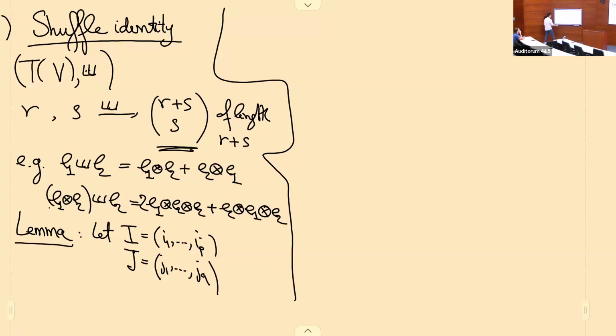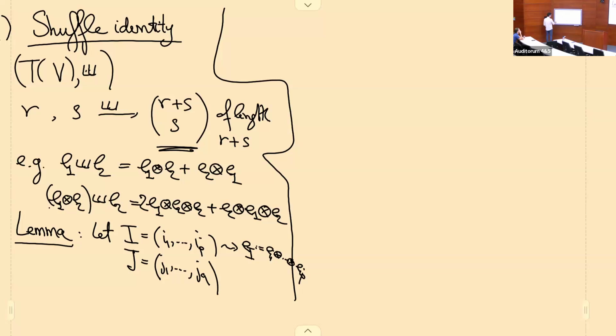And then the corresponding basis elements will be E_I, which is just E_{I1} tensor ... tensor E_{Ip}, and similar for E_J.